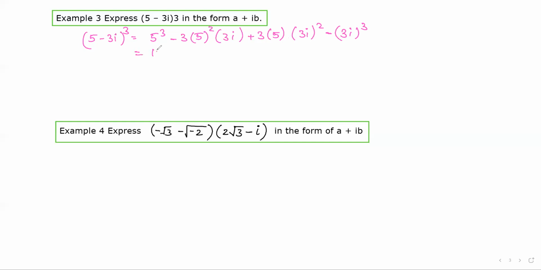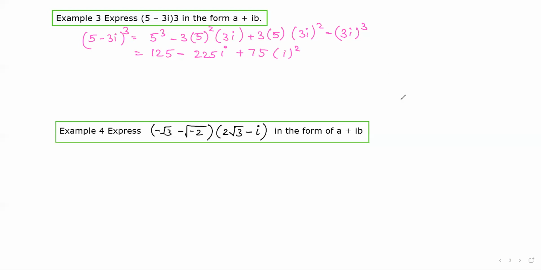So this is equal to 125. 25 into 3 into 3, 25 into 9 is 225. 25 into 10 is 250, 250 minus 25 is 225, into i, plus 15 into 3, 75 into i square.